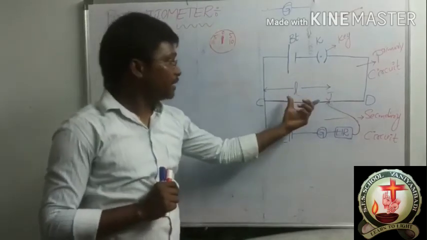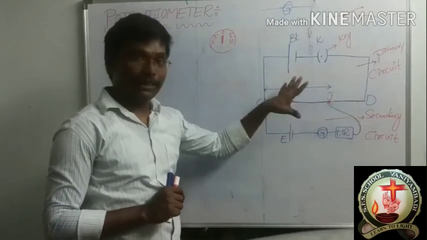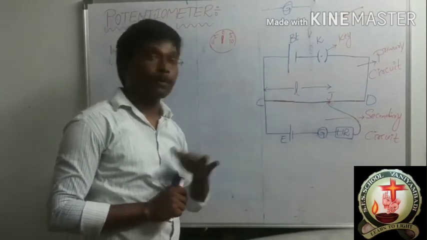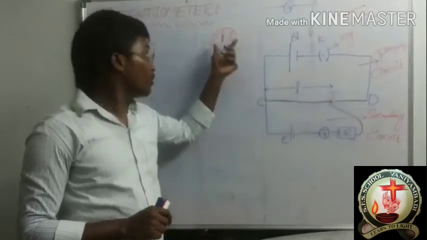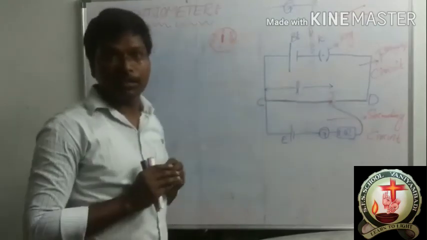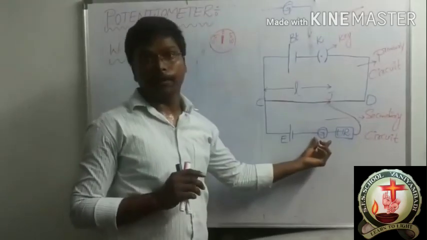And give, that is the length L. That is the length of the potentiometer wire. In this condition, the galvanometer shows zero deflection because there is no current flowing in the galvanometer.